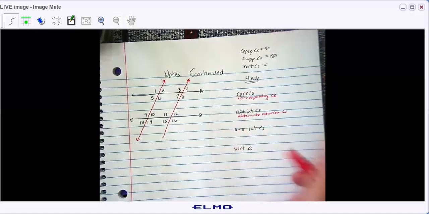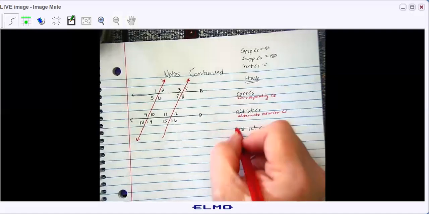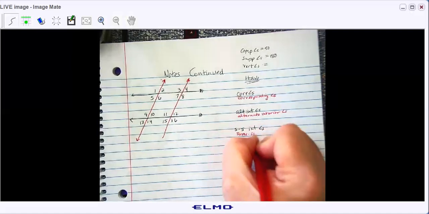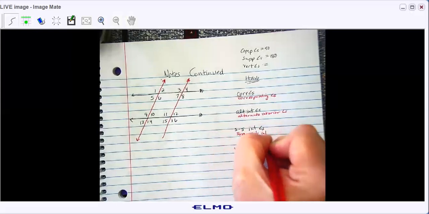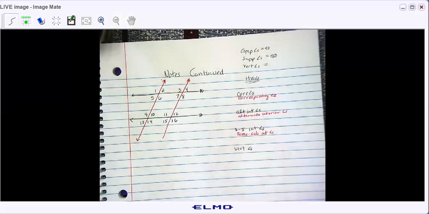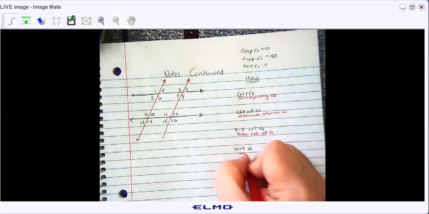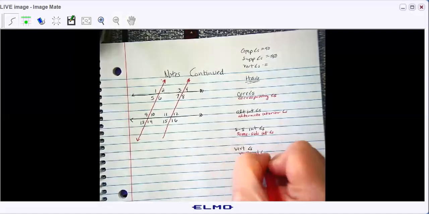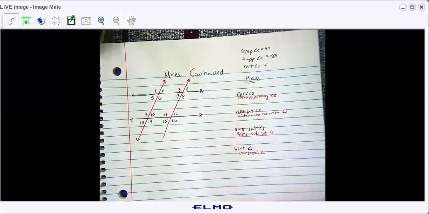INT is interior. S-S is same side interior angles. And of course, this is our vertical angles. Okay, so let's look at what we know about these.